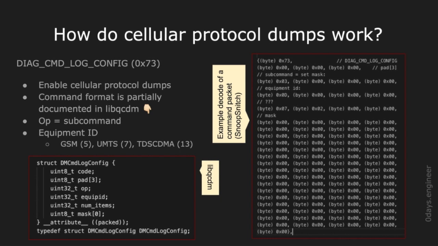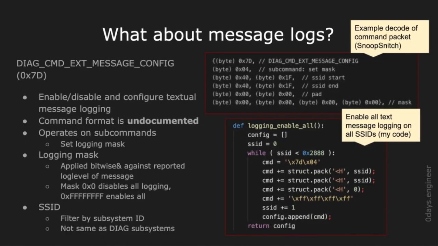It also needs an equipment ID, which corresponds to the specific protocol that we will want to dump. And finally, the masks that are applied to filter some parts of the dump. This is relatively straightforward.